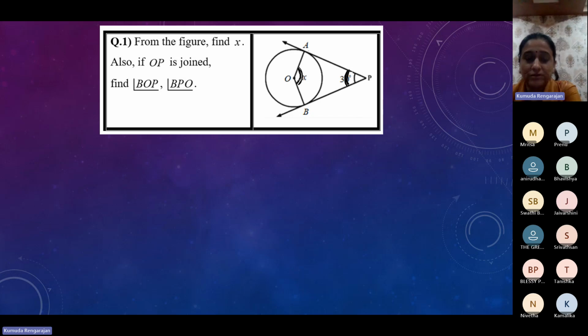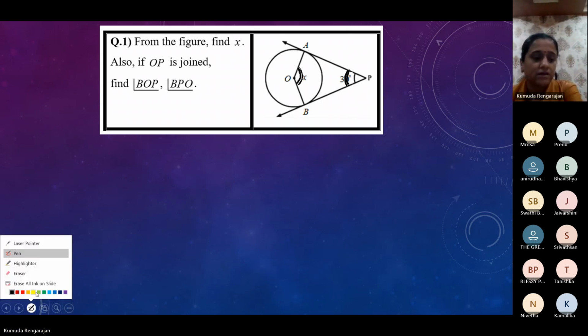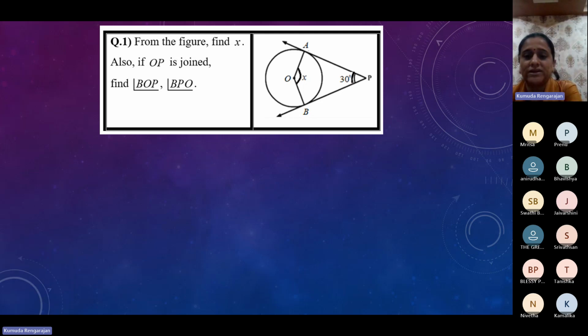This is the angle between the line segments joining the points of contact to the center. I don't remember the question number, the second exercise somewhere in the end. This is called the angle between the tangents. The tangents are PA and PB. What is this angle called?